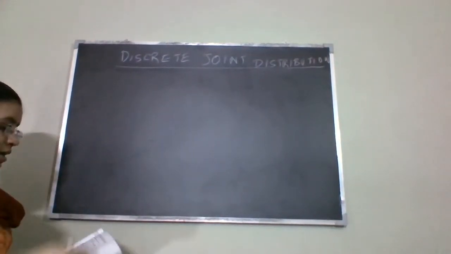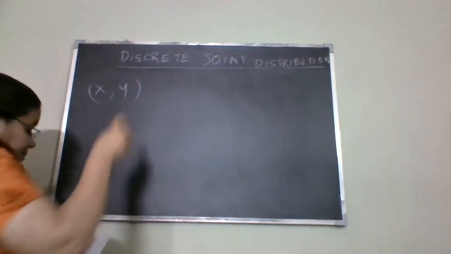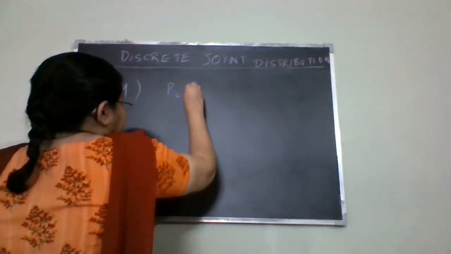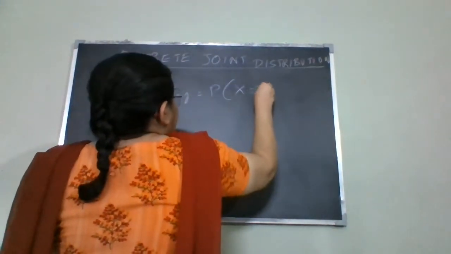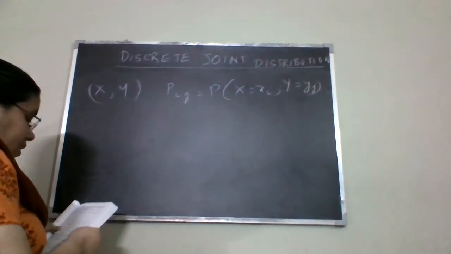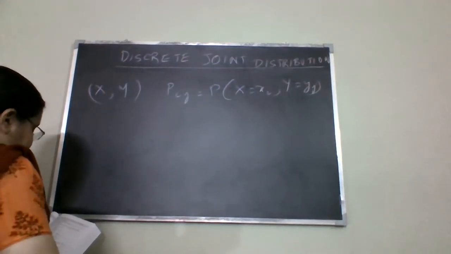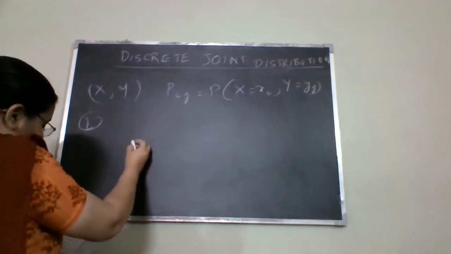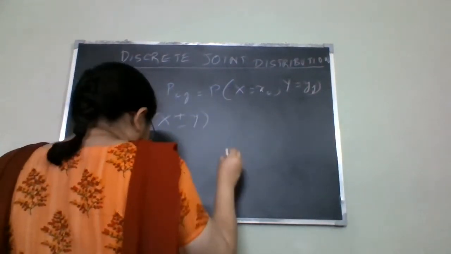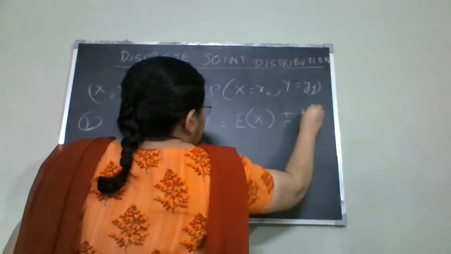Page 141, what is written: let X and Y be a bivariate with joint probability. What is the joint probability? P_ij is equal to P(X = x_i and Y = y_j). We get the following results. Theorem 1 states E(X plus or minus Y) is equal to E(X) plus or minus E(Y).